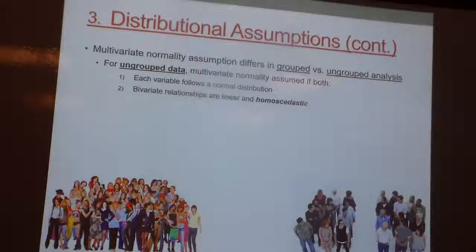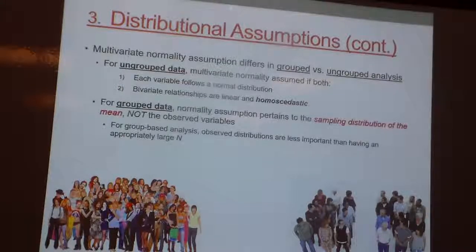For ungrouped data, like regression analyses, if all my individual variables have a normal distribution, and all the possible combinations of bivariate relations are linear in nature and homoscedastic, then I'm going to assume that I've met my requirements for multivariate normality.